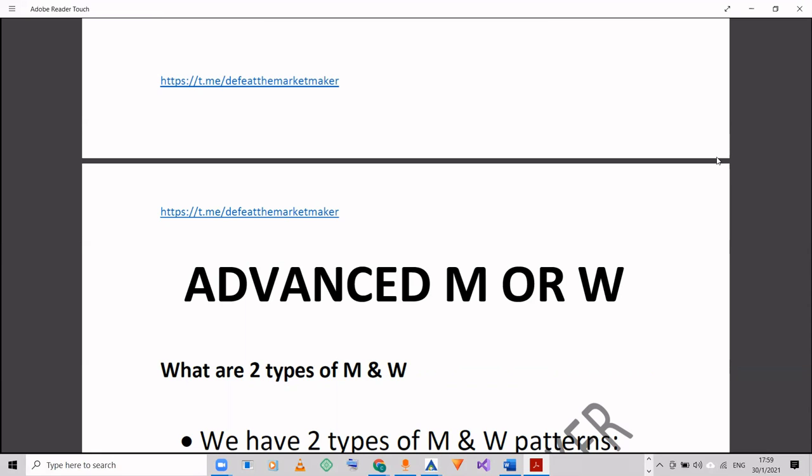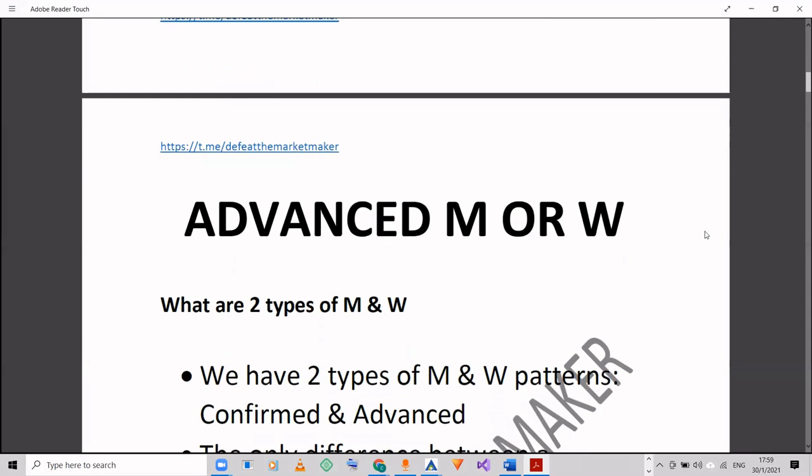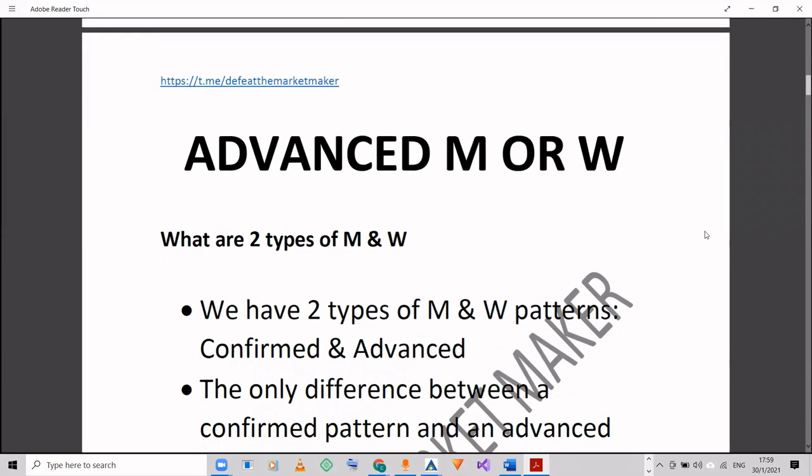So, advanced M and W. What are the 2 types of M and W? We have 2 types of the M and W patterns. Let's get into it. The first one being the confirmed M and W, and the second one being the advanced M and W. I'll talk about each one, and I'll show more examples of each one as we progress with this lesson.